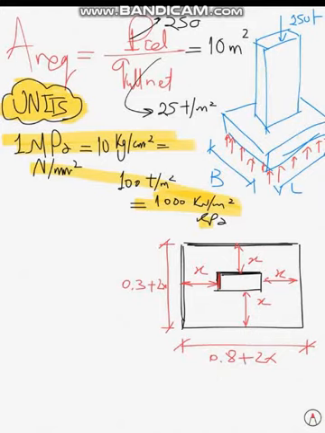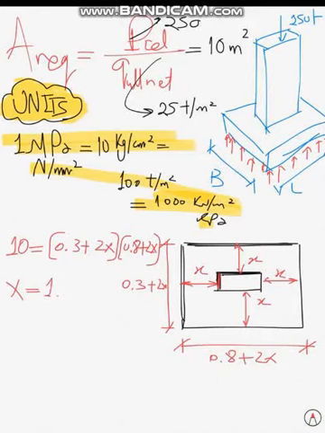I can see that 10 equals the area, 0.3 plus 2x multiplied by 0.8 plus 2x, and I can solve this equation and determine x, which will be 1.31. X is equal to 1.31 meter.